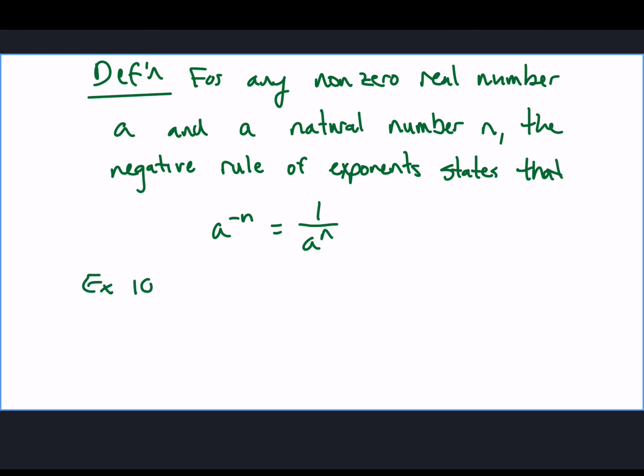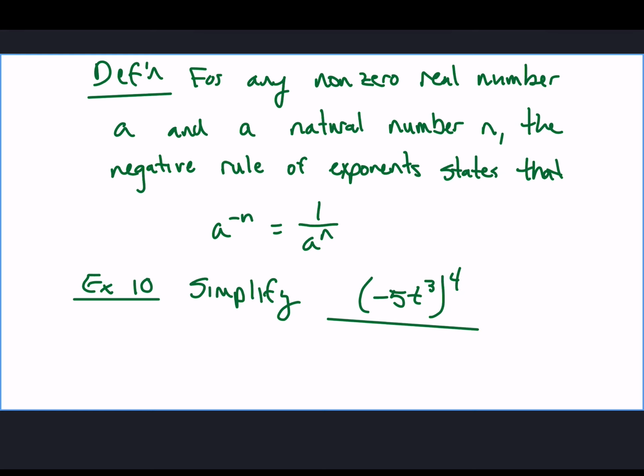All right, example 10. We want to simplify negative 5 times t to the third power raised to the fourth over negative 5t to the third power raised to the eighth power.